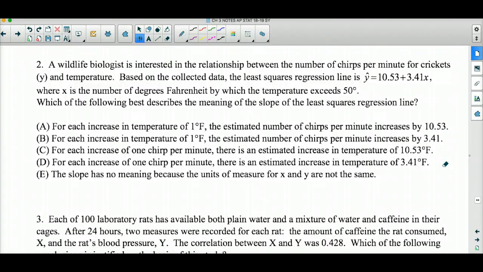Okay, a wildlife biologist is interested in the relationship between the number of chirps per minute for crickets and the temperature. So these are the chirps. This is the temp. Which of the following best describes the meaning of the slope?